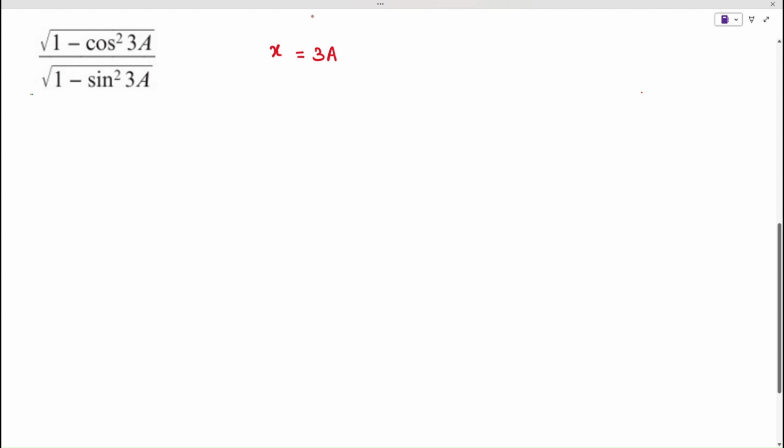This will just make it easier when we're simplifying our equation. If we replace our 3a's with x, we get root of 1 minus cos squared x all over the root of 1 minus sine squared x.